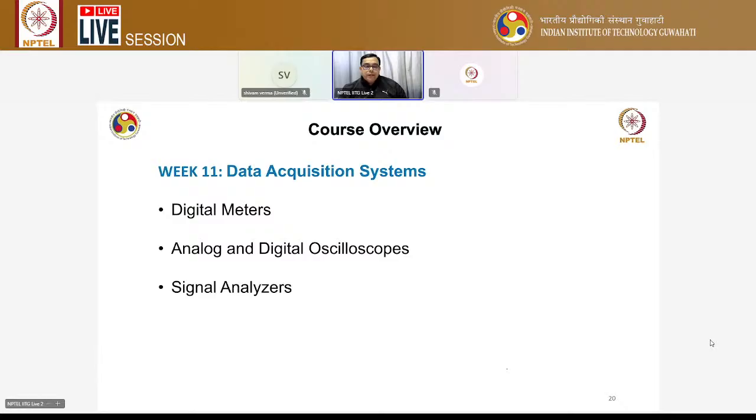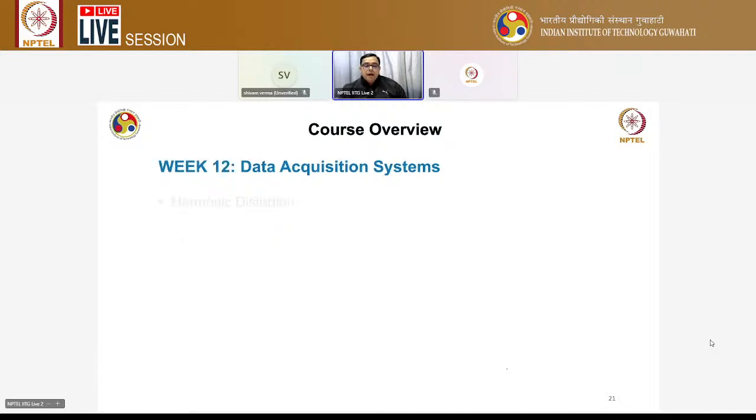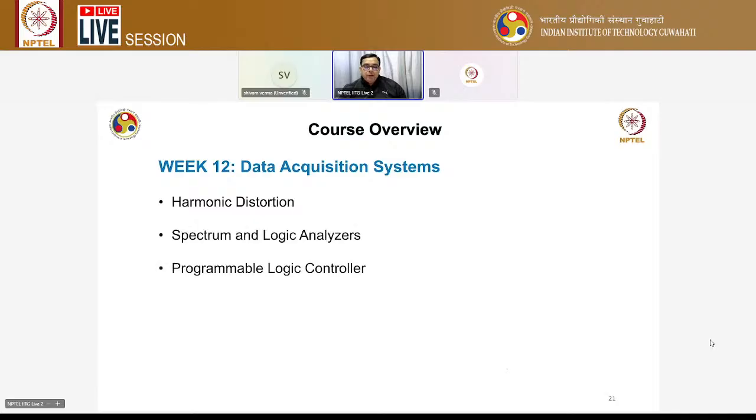Week 11 is mostly dedicated to data acquisition systems, where we'll talk about digital meters and analog and digital oscilloscopes. Week 12, which is our final week for this particular course, we'll continue our discussion on data acquisition systems, where we will learn about PLC, programmable logic controllers, harmonic distortion, and spectrum and logic analyzers.